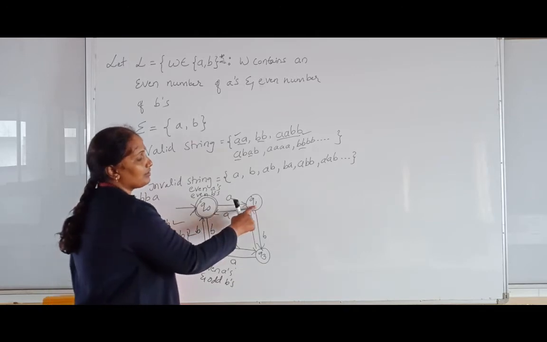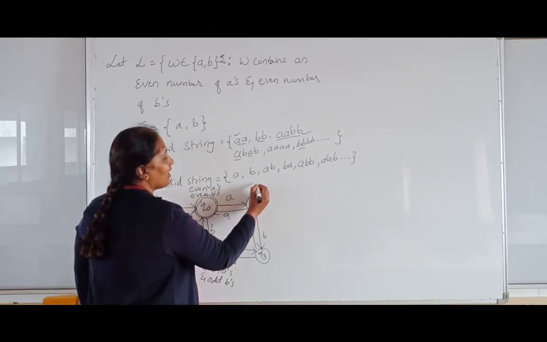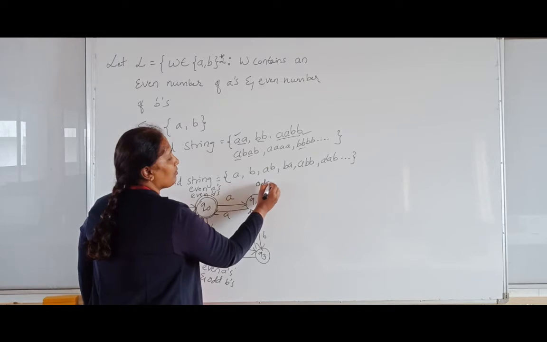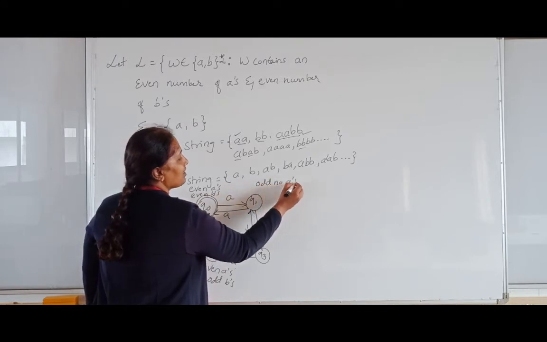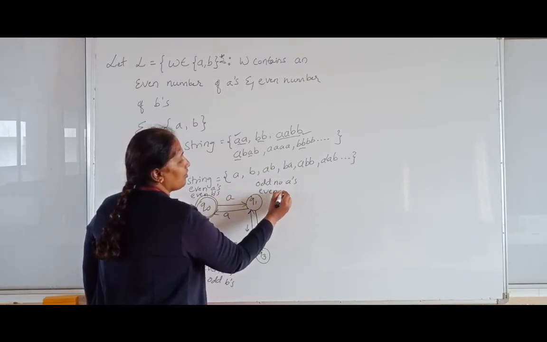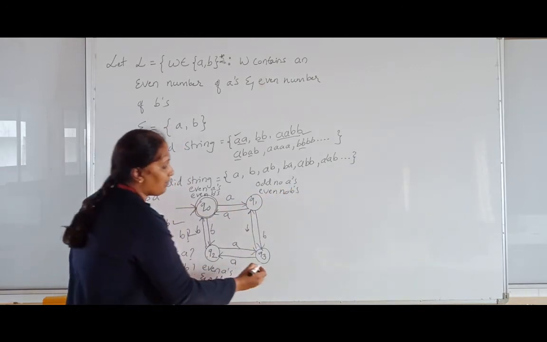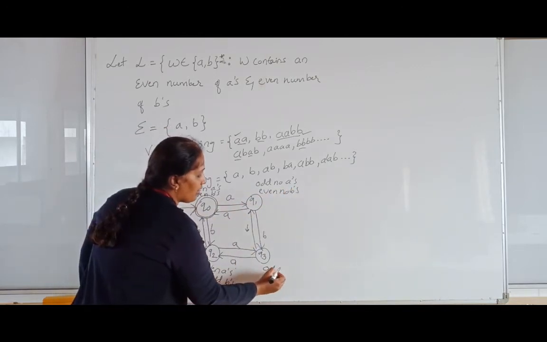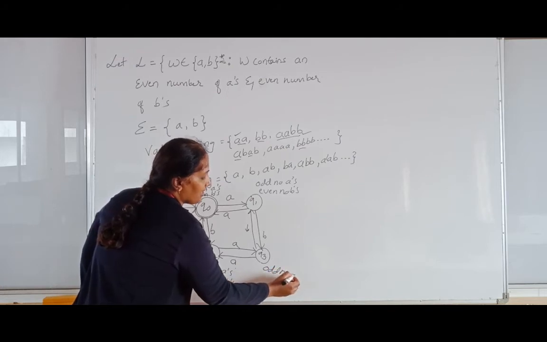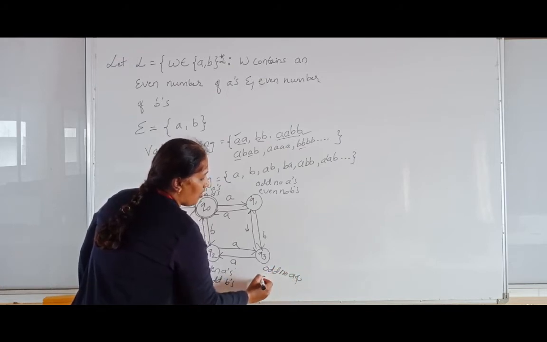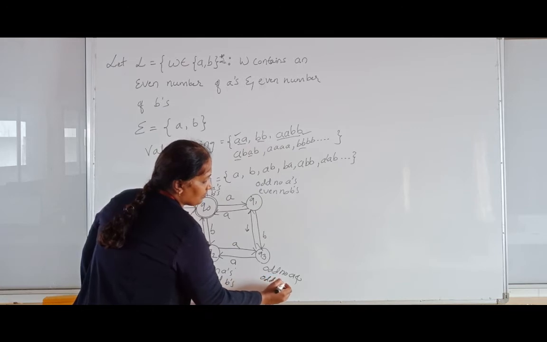Next, if I make Q1 the final state, then it starts accepting odd number of A's and even number of B's. If I make Q3 the final state, what happens? It starts accepting odd number of A's and odd number of B's.